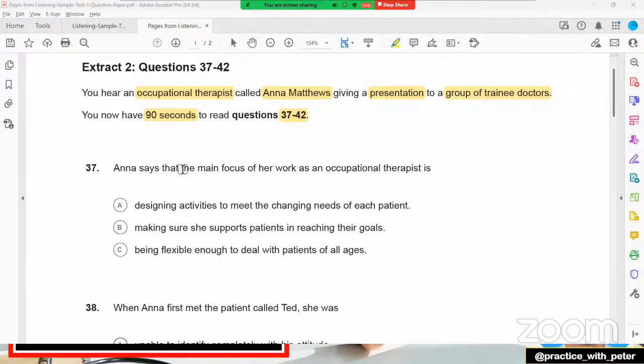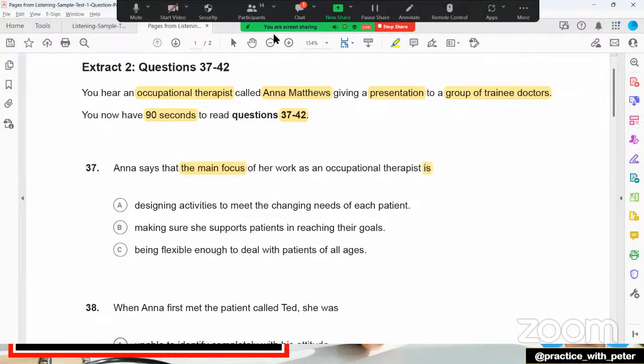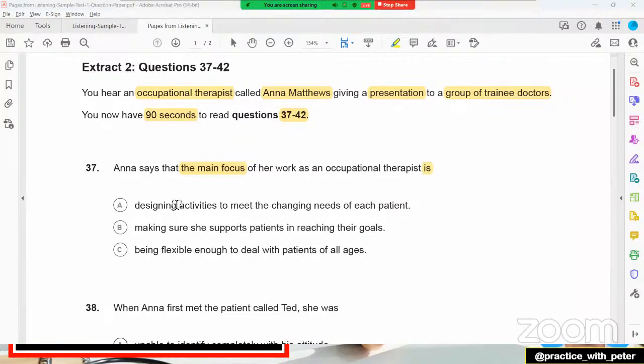Anna says that the main focus of her work as an occupational therapist is, the main focus is what? So main focus is designing activities to meet the changing needs of each patient. So each patient, individual needs, because all the patients do not have the same needs.